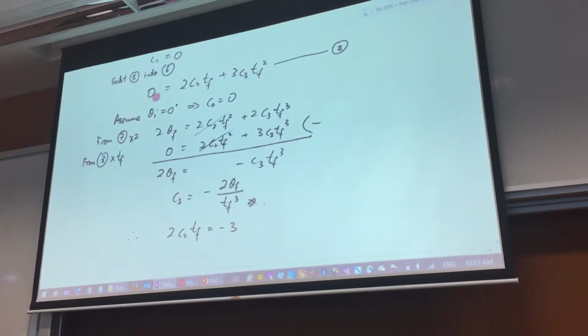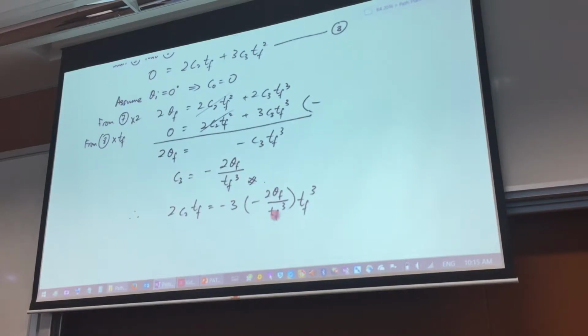Right, just bring it to the other side. And my C3 is minus 2 theta F over TF cubed, and then TF cubed. Right, this can be simplified. Minus and minus will become plus. Bring it to the other side for 2 TF.